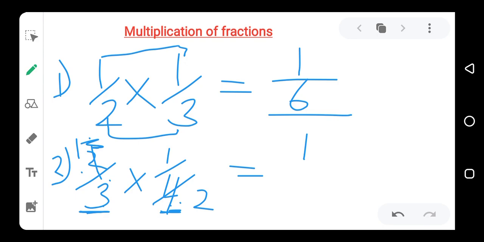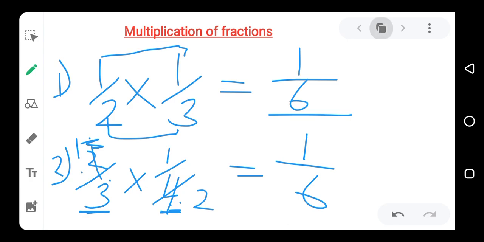And under we are going to have 3 times 2, which gives us 6. So 2/3 multiplied by 1/4 will also give us 1/6 when we cancel the ones that can divide each other.